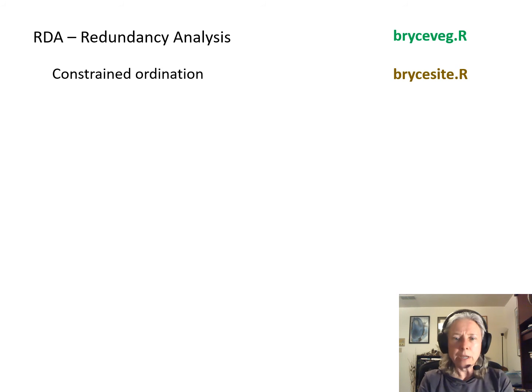A constrained ordination is needed if you want to examine the influence of environmental variables, like from the Bryce site.r dataset, on your site by species data. In this example, I only examined one such environmental variable, elevation, and I just picked that.